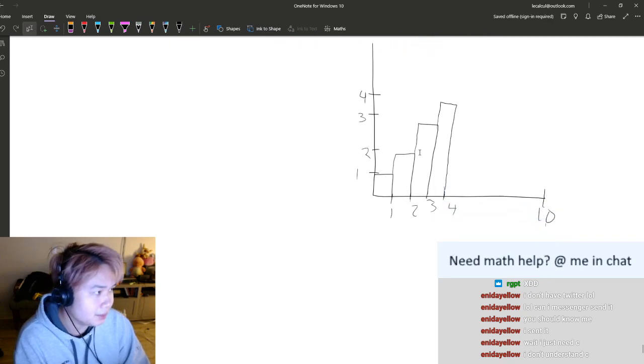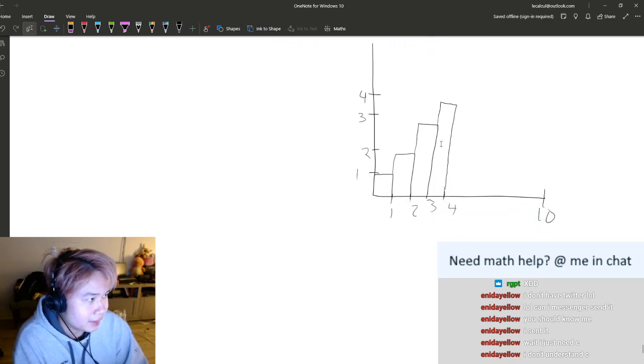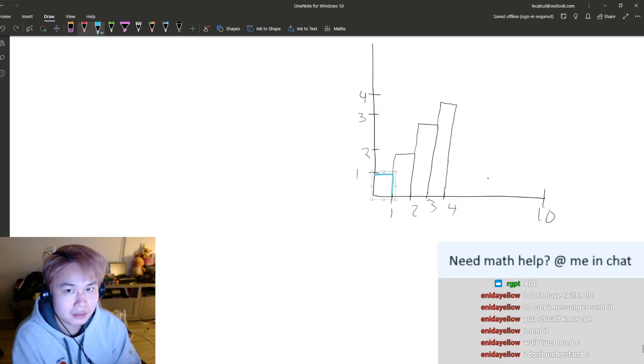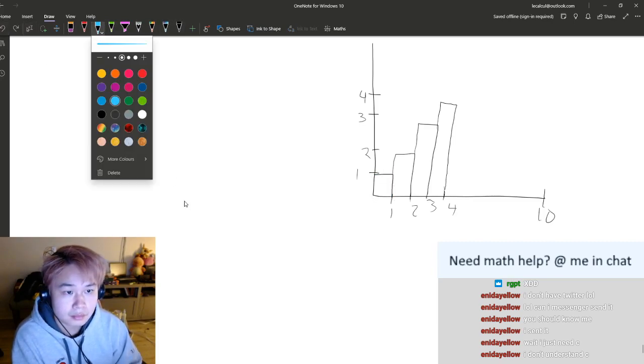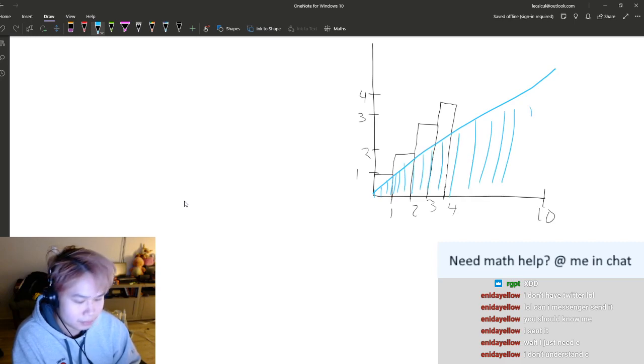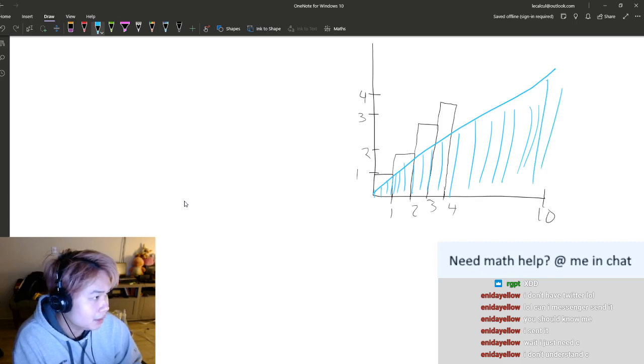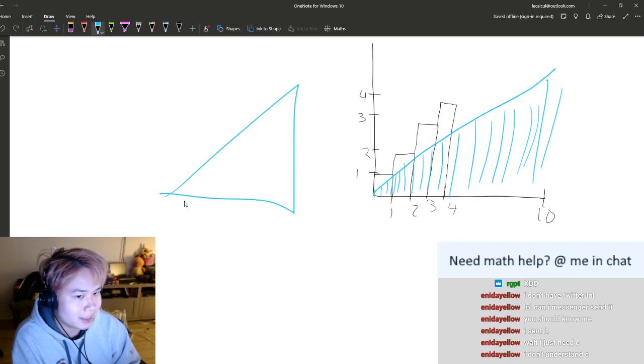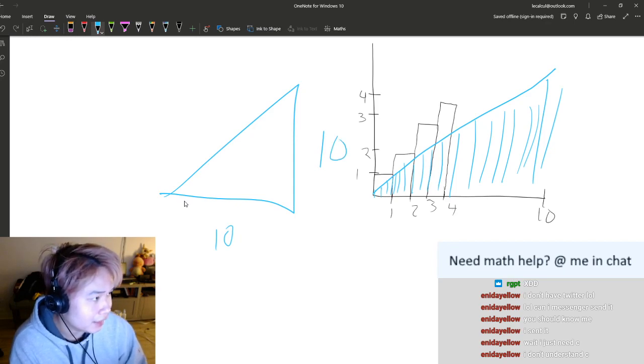Well, just imagine that you had thinner and thinner rectangles. Then eventually all of the rectangles basically just make this straight line. So you want to find essentially the area of a triangle that has a base of 10 and a height of 10.